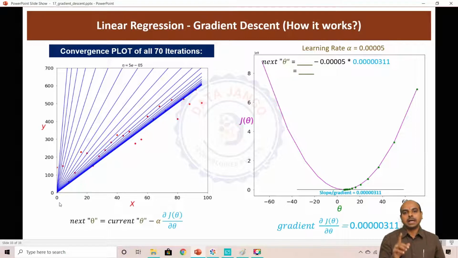Instead of putting all your data into the normal equation and learning the coefficient in a single shot, you take some random coefficient and slowly move towards the global minimal error theta place, or the best fit line place. This is called the gradient descent algorithm, and it periodically learns the theta. How exactly it works, we'll try to understand.